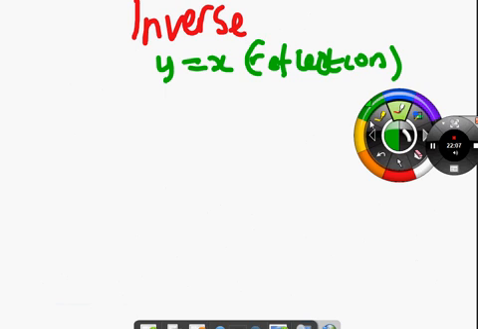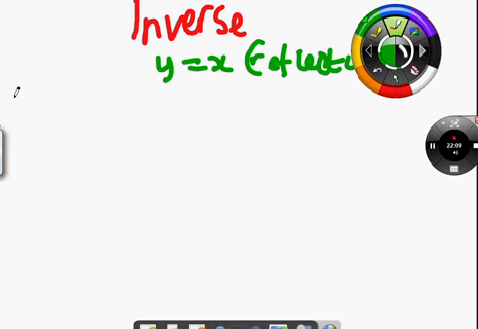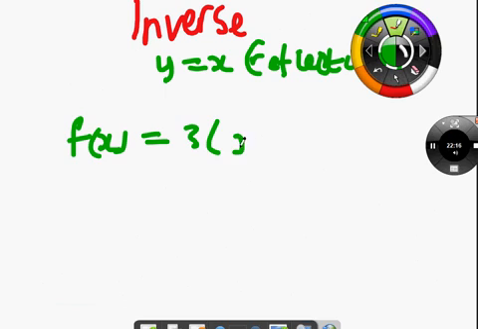And when you look at your inverse, in this case, let's take our function. If we wanted the inverse of this function, f of x is equal to 3 bracket x minus 5 squared minus 27. If I wanted the inverse of this, I'll start by swapping.